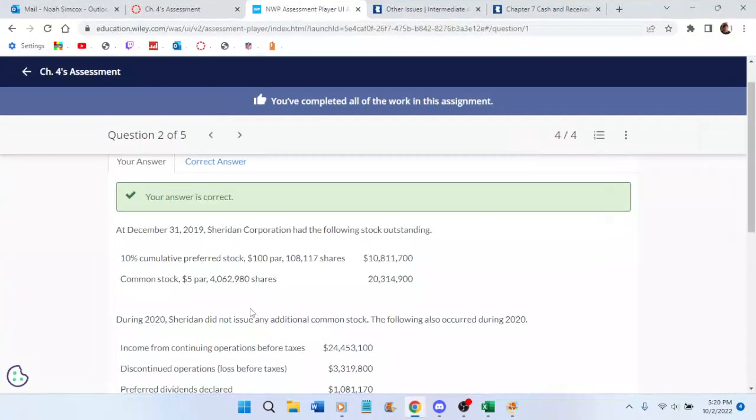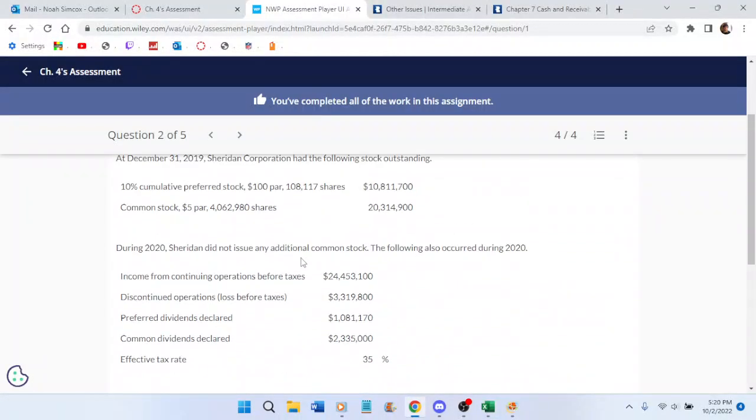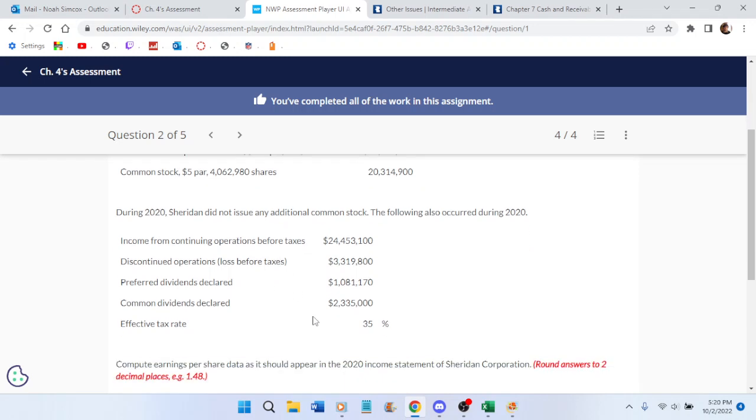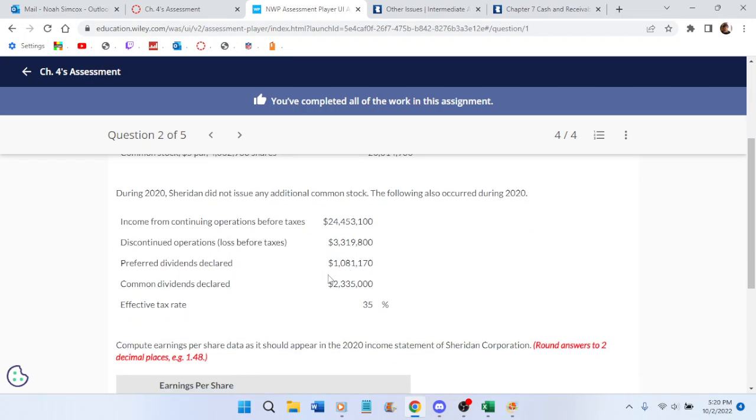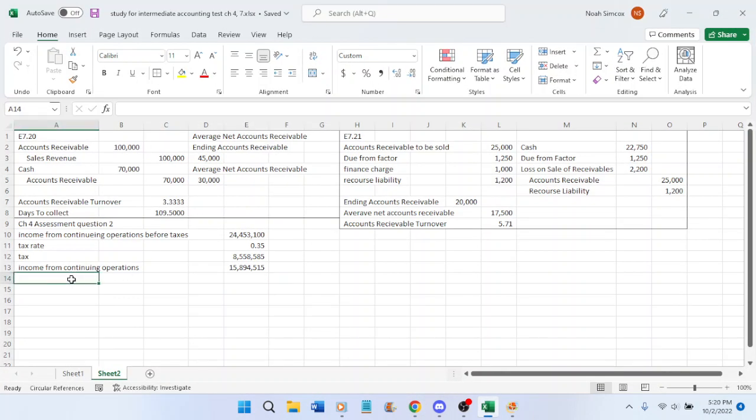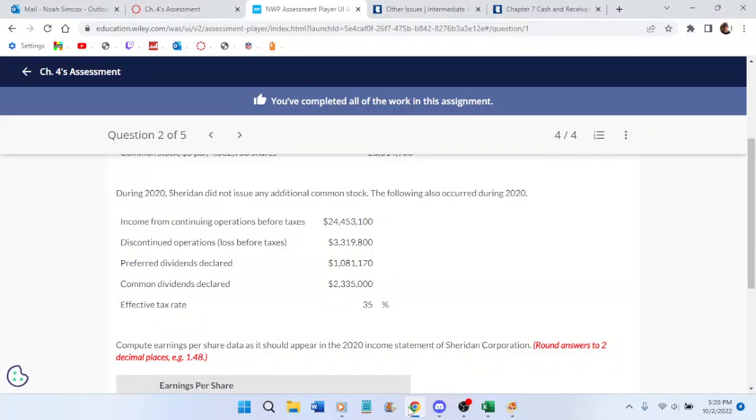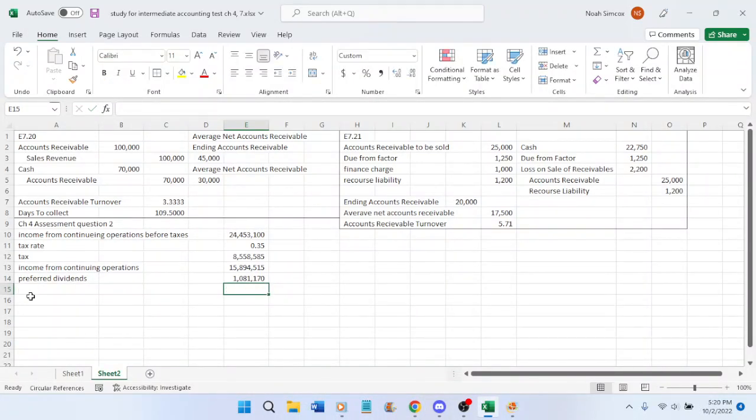So we now know what the preferred dividends declared are: 1,081,170. So EPS, income from continuing operations.